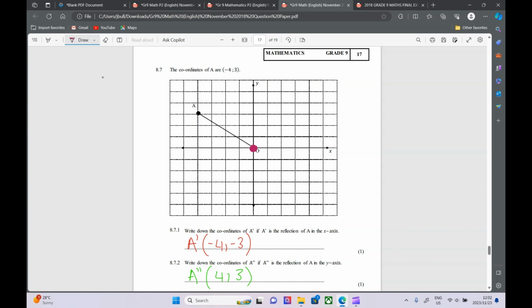We're going 180 degrees anti-clockwise. So that's this way. If I went 90 degrees, it would be down here. So then if I wanted 180 degrees, it's going to be in this quadrant here.